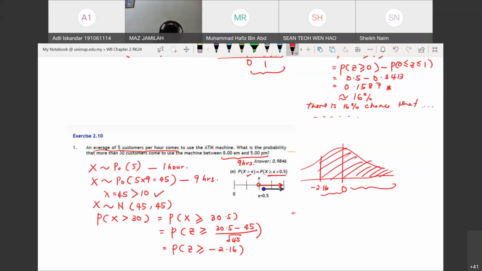So it will be P(z greater than or equal to 0) plus P(z between 0 and 2.16). So this one is 0.5 plus this one. If you look at your table, first table, it will be 0.4846. So you will get 0.984.